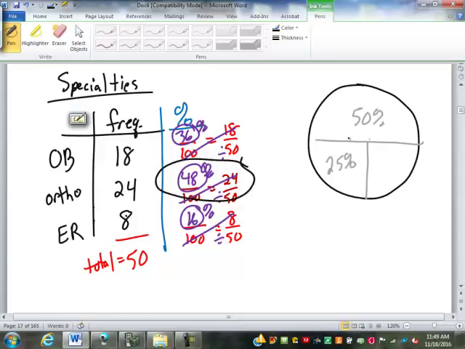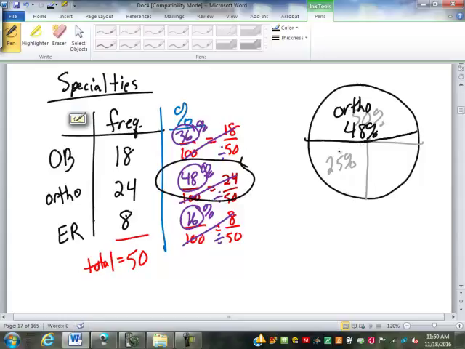Yeah, ortho is 48%. So I'll make them just smaller than 50. So ortho is 48%. Now the 36 and the 16, kind of a horse apiece. 16 is about 3/5.